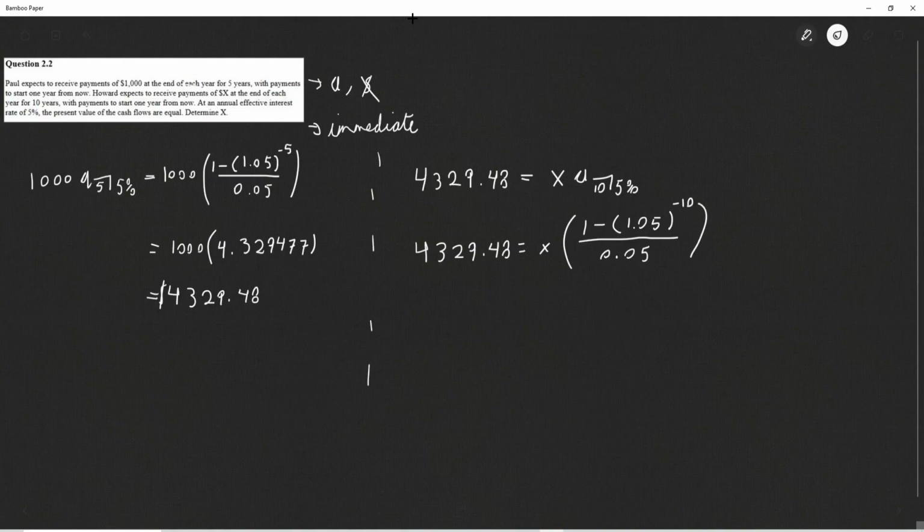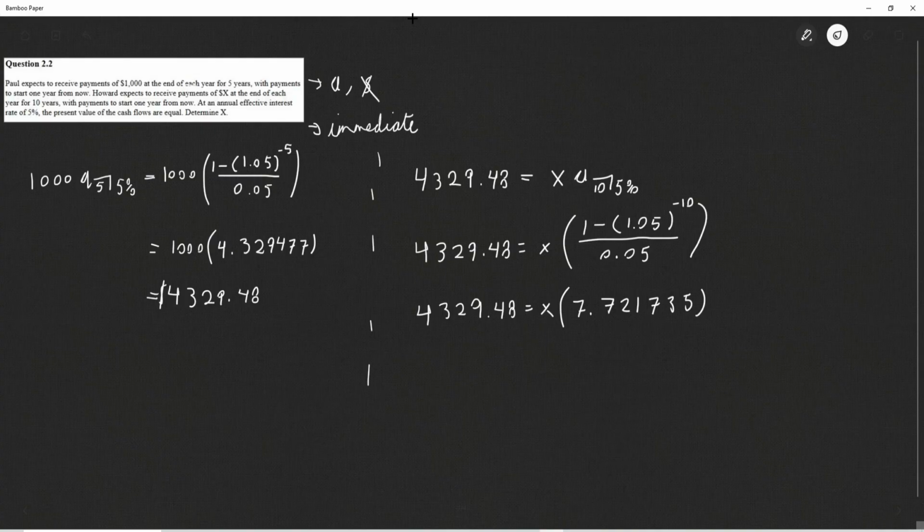And now all it is is solving for X. So first we'll simplify to make it 4,329.48 is equal to X multiplied by 7.721735.